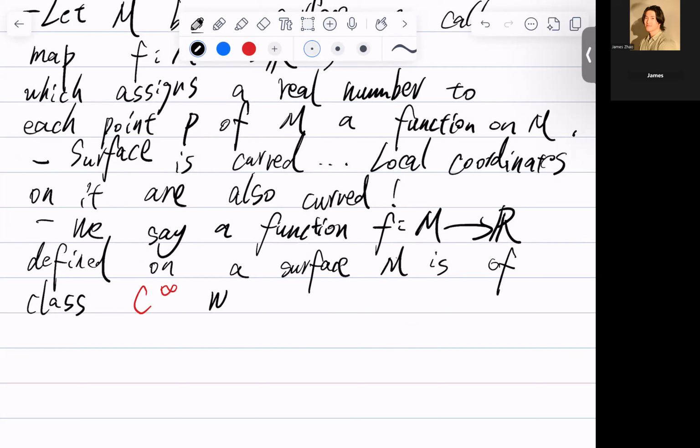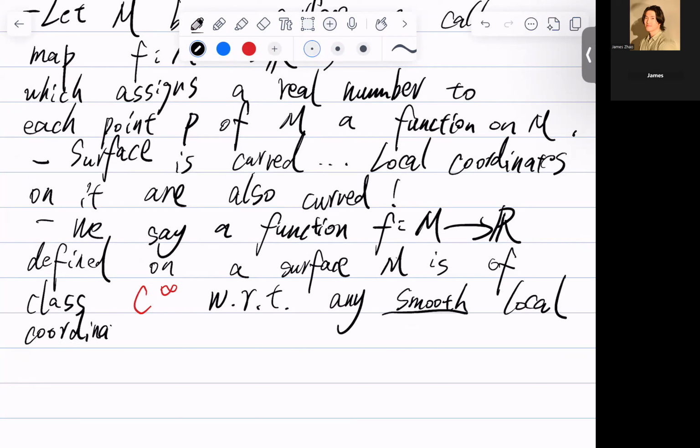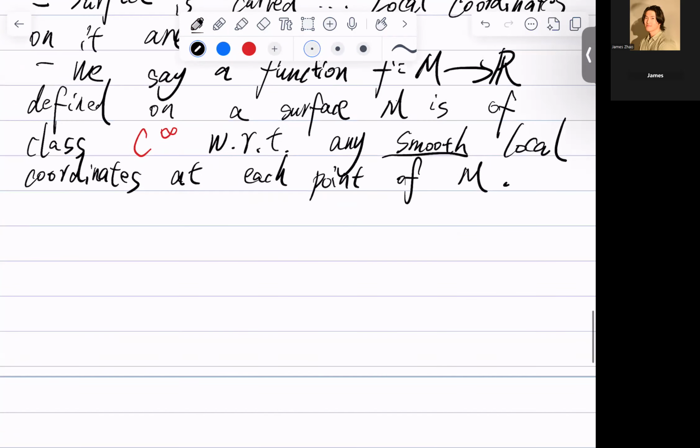C infinity with respect to any smooth local coordinates at each point of M.